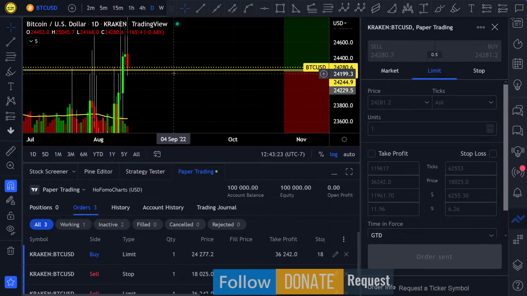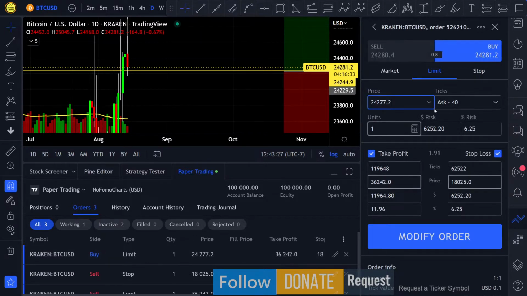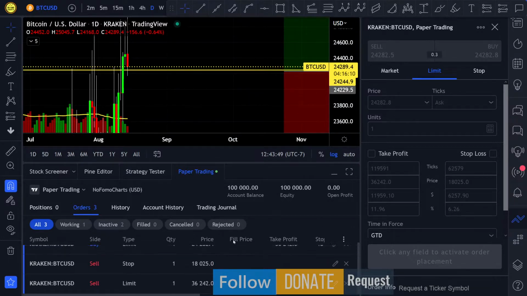So for the sake of this, I'm just going to edit it to whatever the price is, because I want to buy right now for practice. So 24,28, and this is like real life. Sometimes it goes up, you know what I mean? You want to check your take profit, check that this is correct. Oh, it went up again.